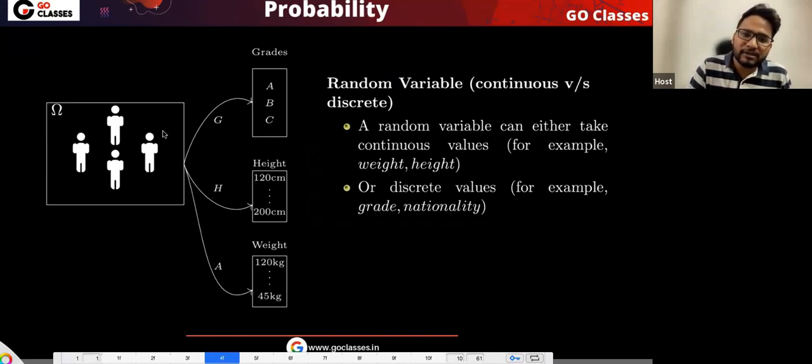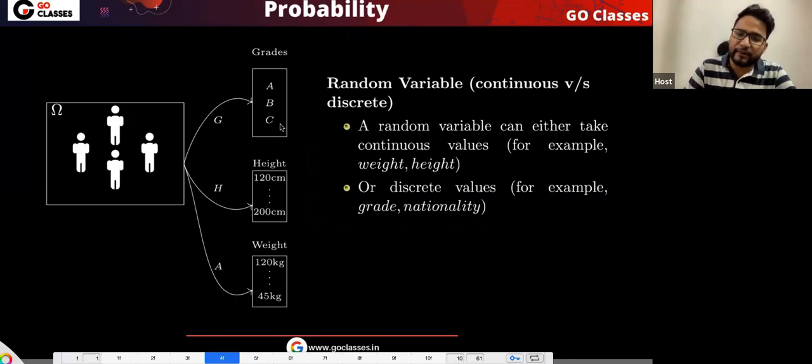These three random variables take a student and map it to either grade, height, or weight. Now suppose the grade could be A, B, C, height could be anything from 120 to 200, and weight could be anything from 45 to 120. Then what do you think grade is? It is a random variable, that is okay, but is it discrete or continuous?